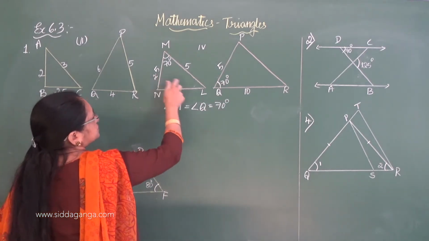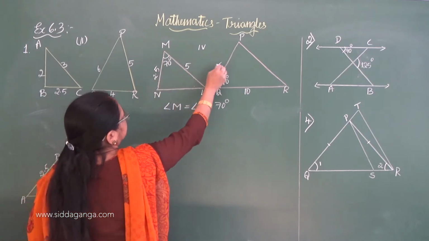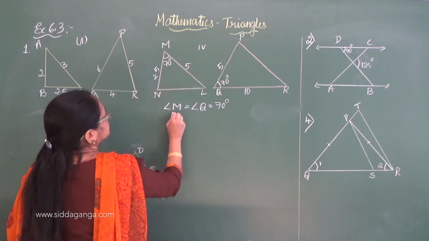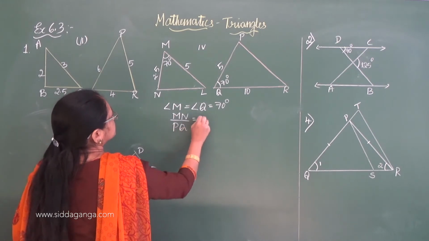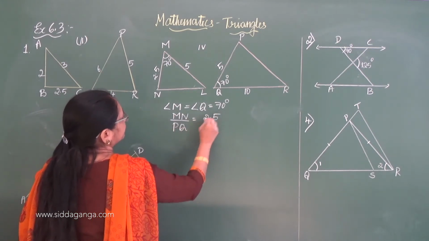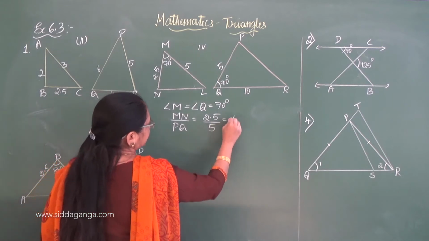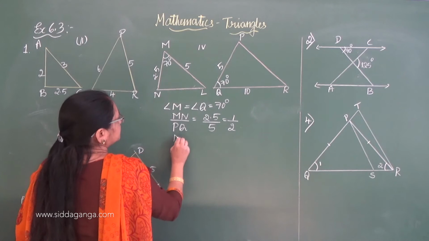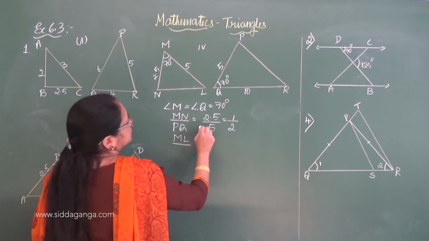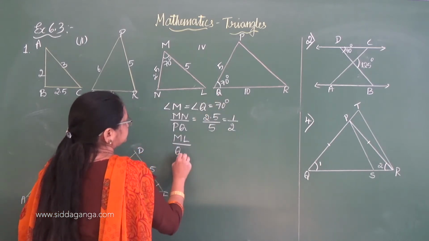Now, just see here, you can compare this. So MN by PQ is equal to 2.5 by 5. So again you will get 1 by 2. Next, you compare ML by QR.